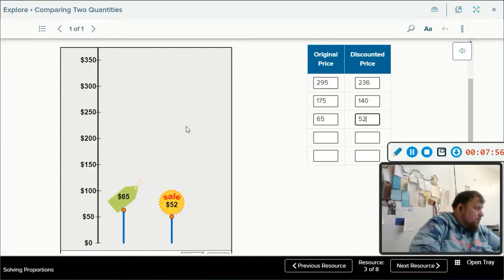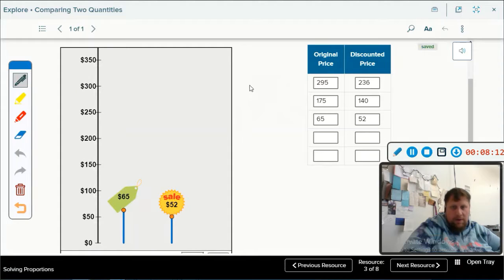So I'm over here on my other computer, on my calculator, and I'm going to do 236 divided by 295. Wow, that came out nice. That came out as 0.8, which equals 80%. So we got a 20% discount, and on our sale, we're only paying 80% of the actual cost. Well, let me try one of the other ones.